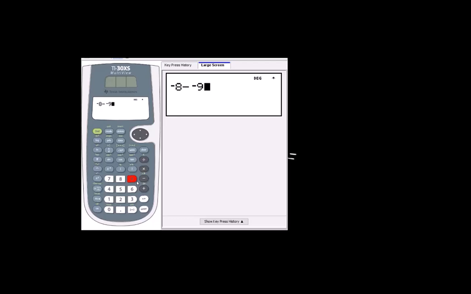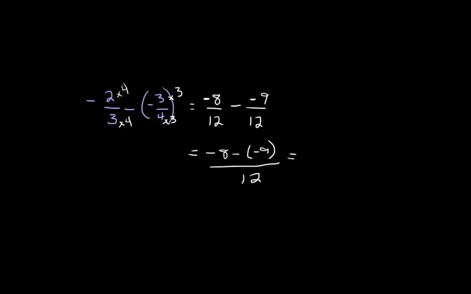Make sure that you don't get your minus and your negative buttons mixed up. Otherwise, you'll get a syntax error and you won't get an answer at all. When I hit enter, I get 1. So my numerator is 1 over my denominator of 12. Cannot reduce that anymore, so there's my reduced fraction.